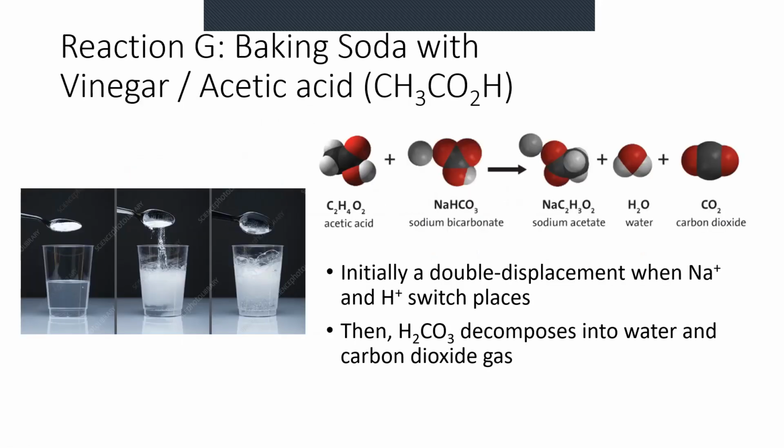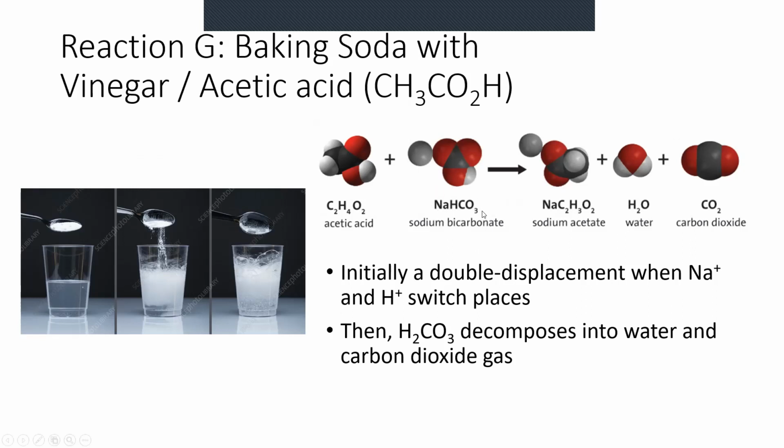The last reaction is reaction G, which is the reaction of solid baking soda with vinegar, which is a dilute solution of acetic acid. In this reaction, we're adding solid sodium bicarbonate, which is baking soda, but initially it is going to dissolve before it reacts. So I don't want you to write solid sodium bicarbonate.